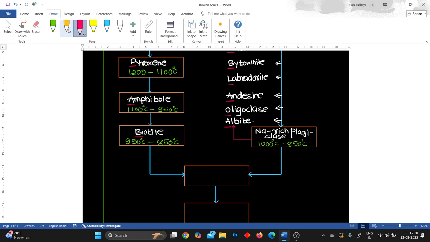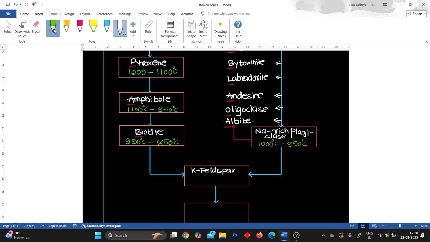At this particular point, the next mineral that is going to get formed is known as K feldspar, also known as orthoclase.